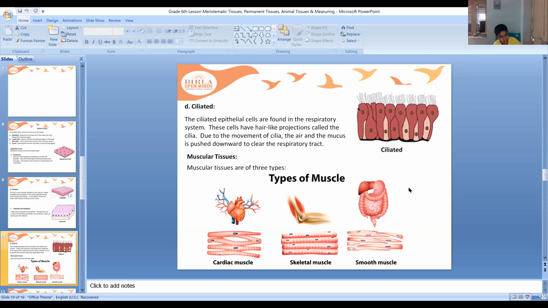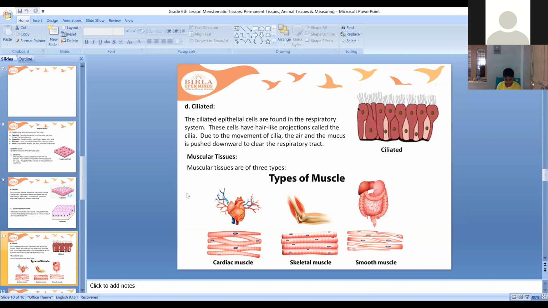Cardiac muscles, they are involuntary and are present in the walls of the heart. Yes, Joshit. They are voluntary or involuntary?